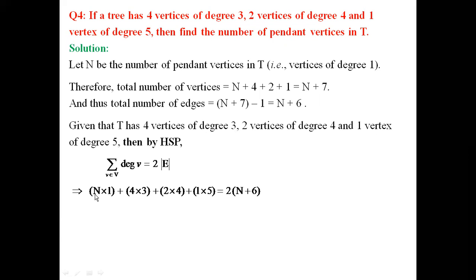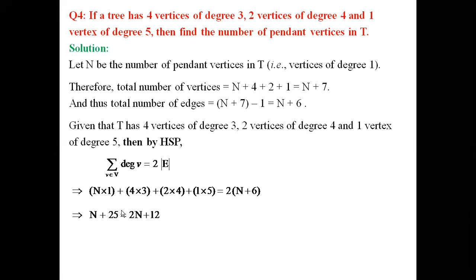So we have n into 1 because there are n vertices of degree 1. There are 4 vertices of degree 3, so 4 into 3. There are 2 vertices of degree 4, so 2 into 4. And finally there is 1 vertex of degree 5, so 1 into 5, is twice the number of edges. The number of edges is n plus 6, so 2 into n plus 6.